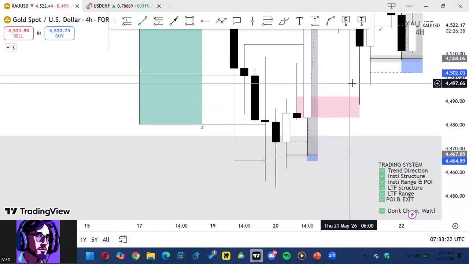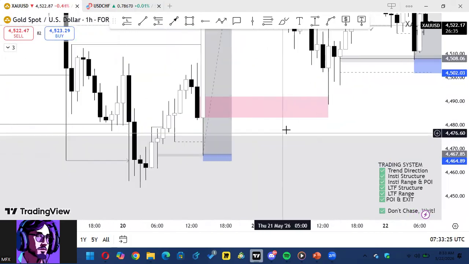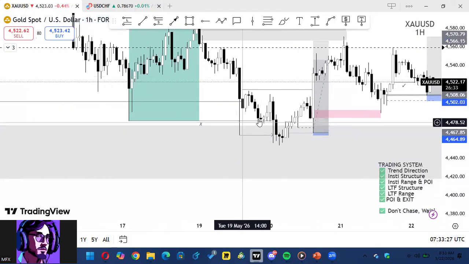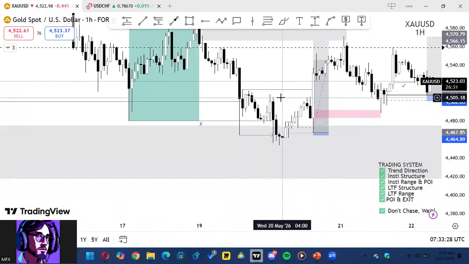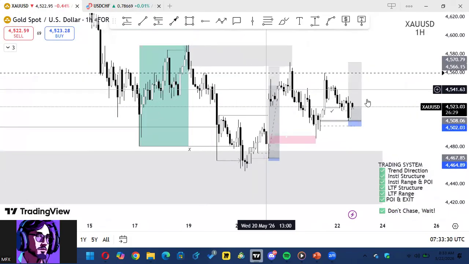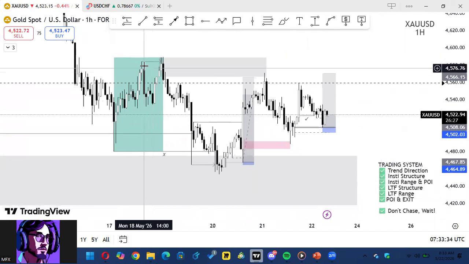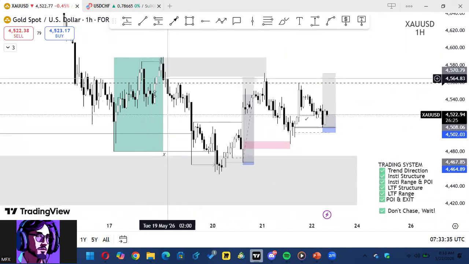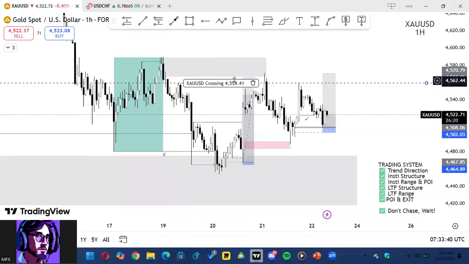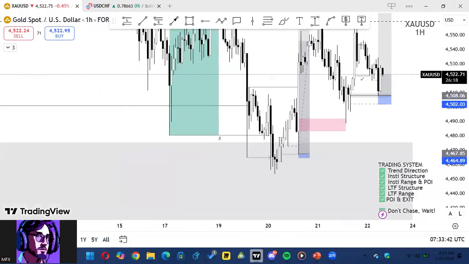So the mistake I made right here was using, remember what I told you guys, this as my range. Meanwhile, price, I think, was interested in mitigating this range POI, which was not yet mitigated. So that was why I took a loss.